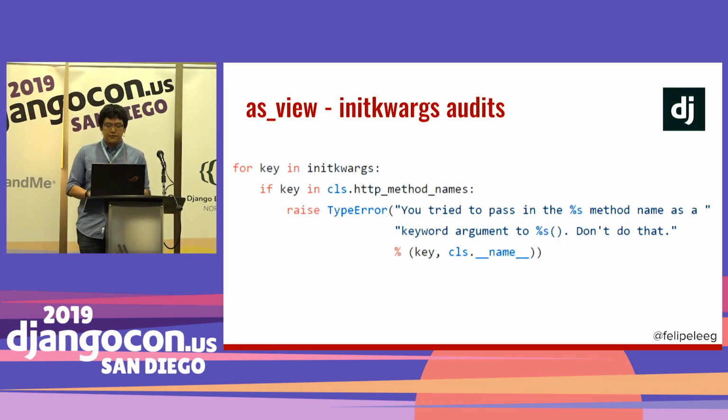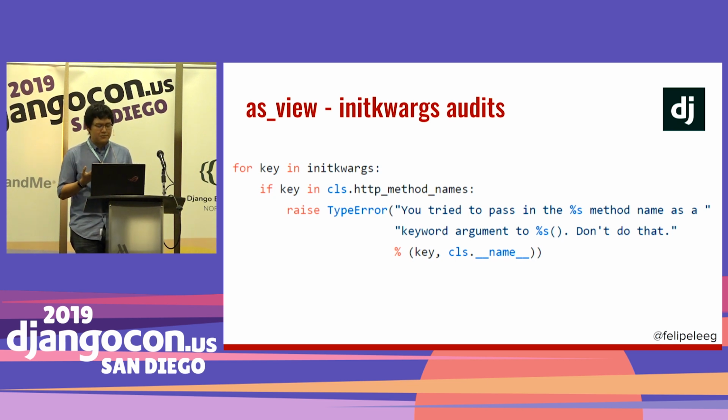We want to be careful though, so one of the first things we do is loop through all our init kwargs and audit two things. One, we don't want any init kwargs to come in and try to set any methods. So we check to make sure that none of the keys are an HTTP method name. Basically, we don't want someone to try to pass get in there.